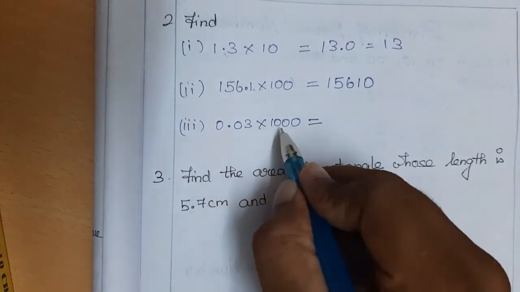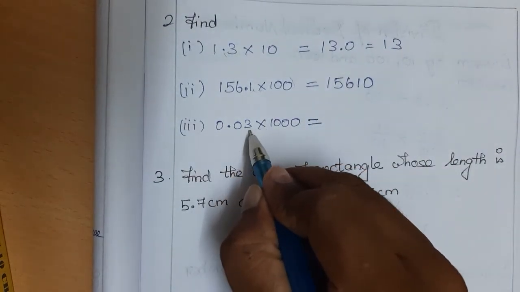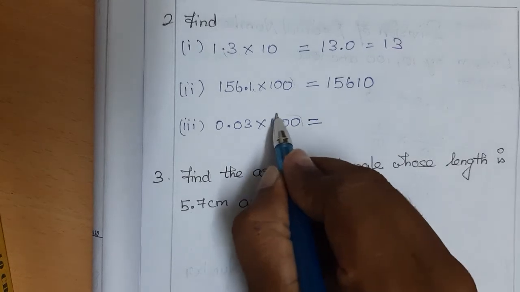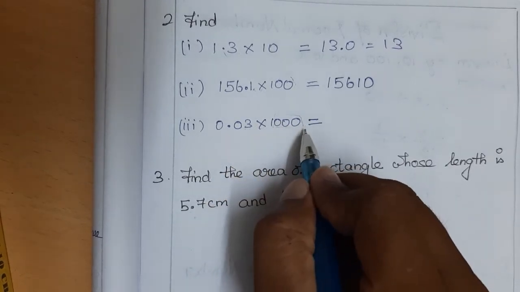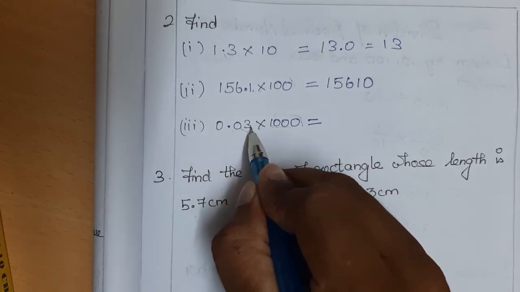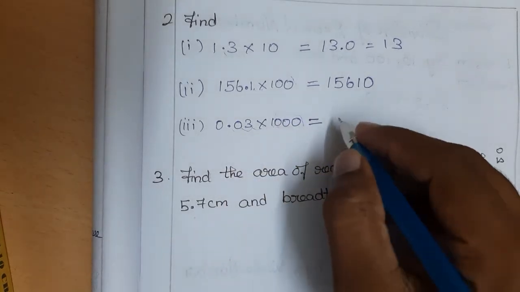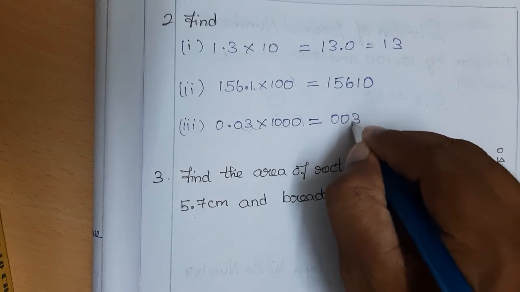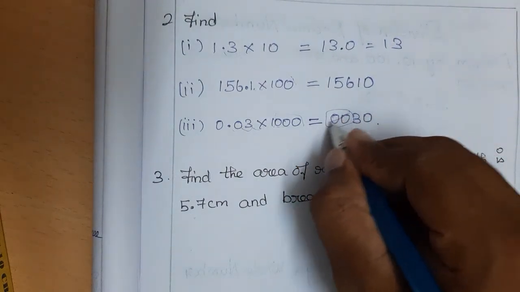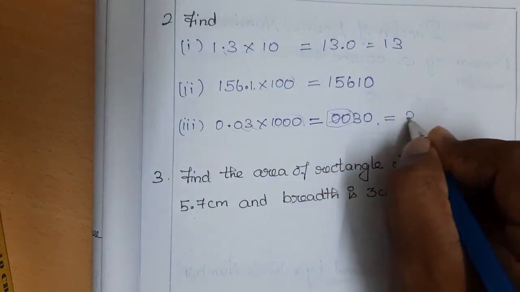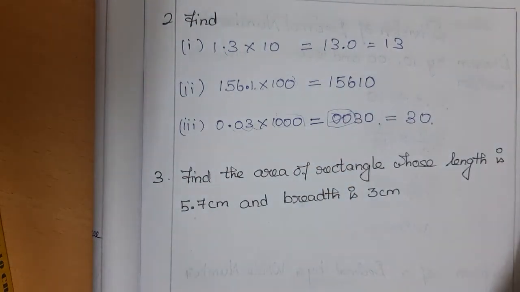So next is 0.03 into 1000, 3 zeros, move your decimal towards the right 3 digits, 1, 2, and the third digit is not there, so we add a 0, so 0030, right? These 2 zeros don't have any value, so its answer is 30.